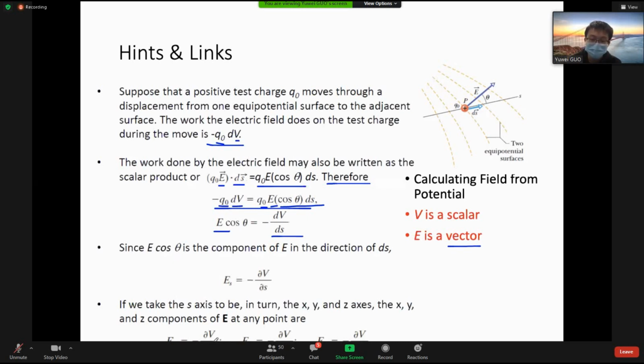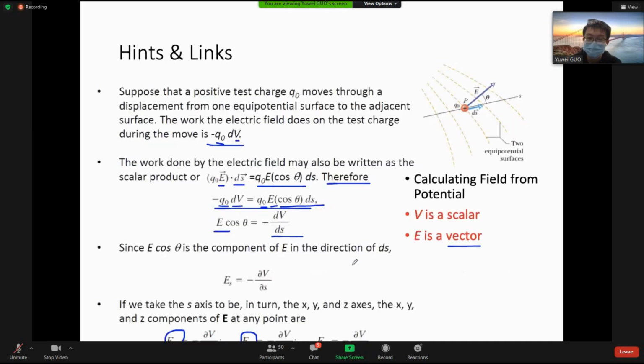So we can get the relation between the potential and the electric field. You need to take the derivative of the potential to calculate the electric field, for Ex and Ey, because this is 2D.